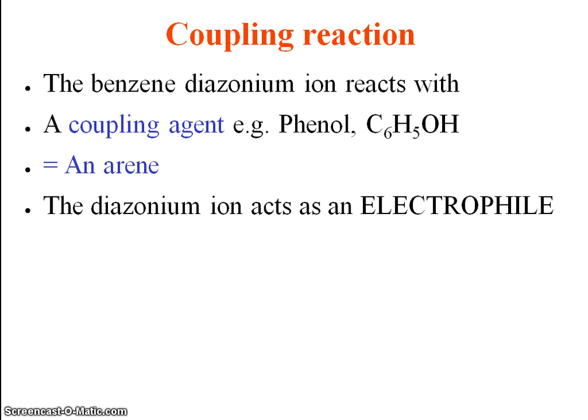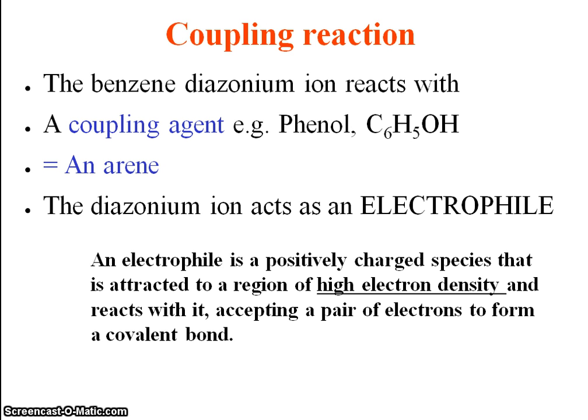So here the diazonium ion is acting as an electrophile, so you recall the chemistry we've done on electrophiles. So here's a quick reminder of the definition of an electrophile. Positively charged species that is attracted to regions of high electron density, which of course the benzene ring is.